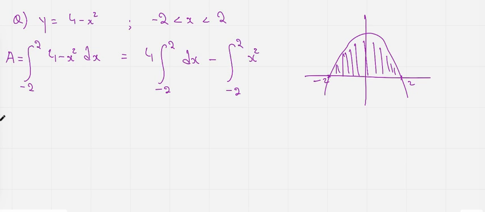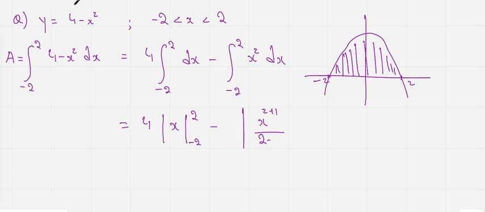In the first integral, the integrand is 1, so after integration I get x, and over here I get x squared plus 1 upon 2 plus 1, which is x cube upon 3.